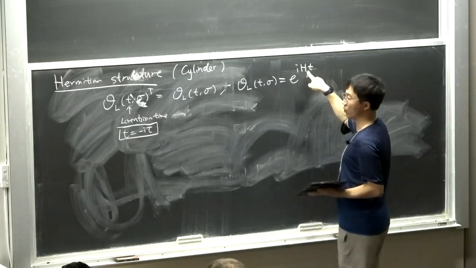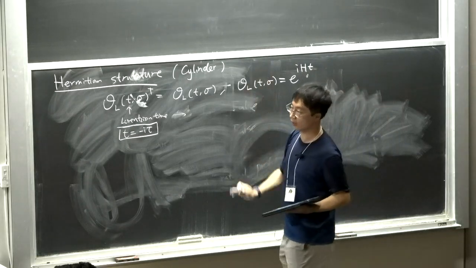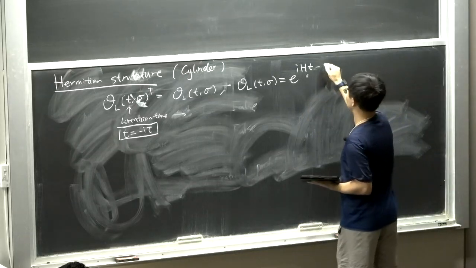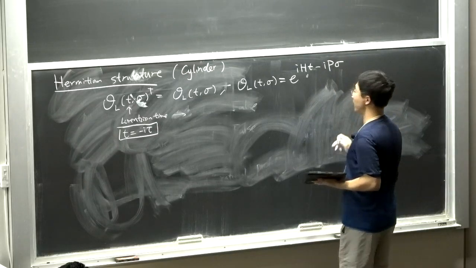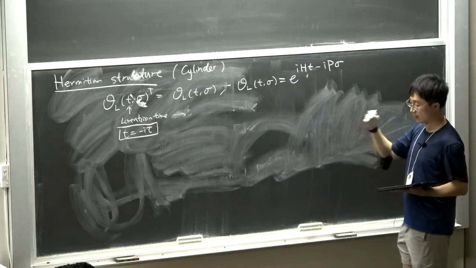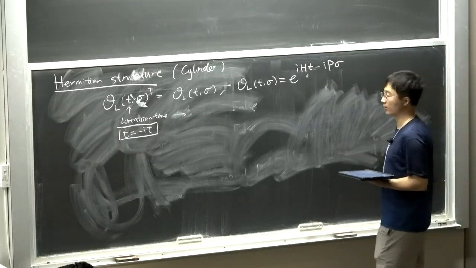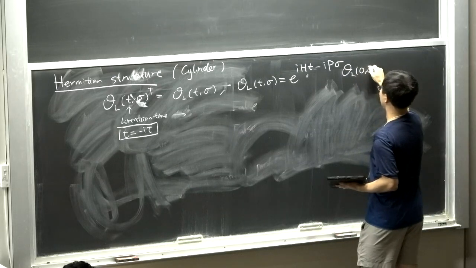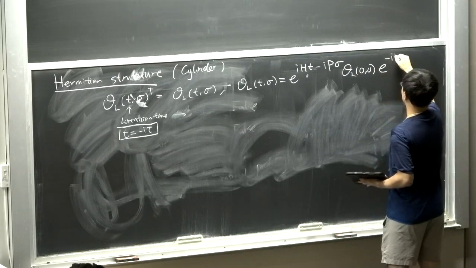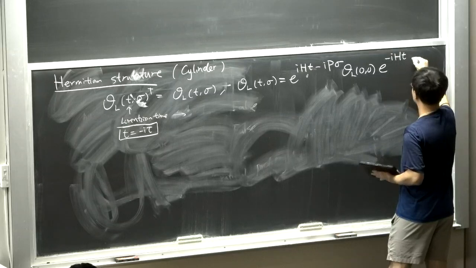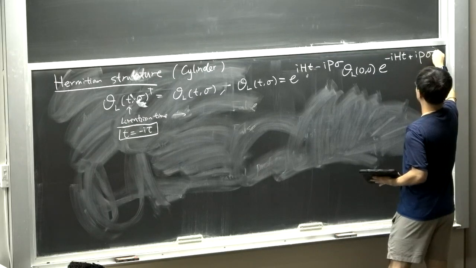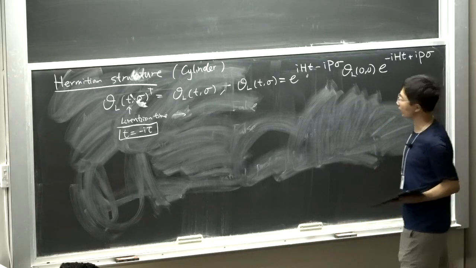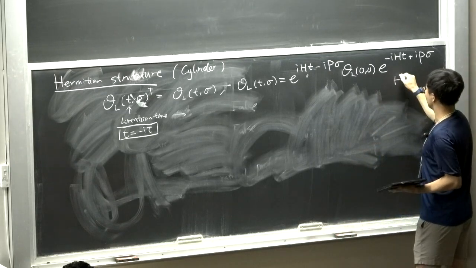Suppose H is a Hamiltonian that tells you how to evolve the theory in this Lorentzian time direction, and P is a translation that tells you how to translate the operator along this compact circle, sigma direction. All the positions of the i's and the minus signs are important, but you can see using the fact that H and P are Hermitian.